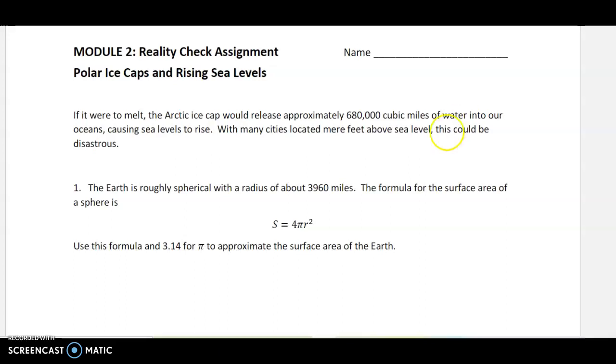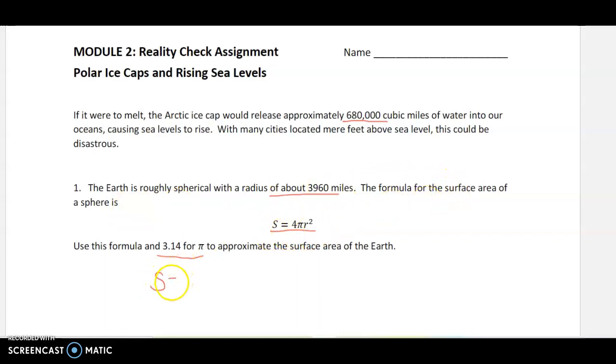If you watched the first video, you hopefully have these underlined, these special 680,000 cubic miles of water. We have the radius here, we have our surface area formula. We know 3.14 is for pi. So for this first one, to find the surface area of the Earth, we're just going to use this formula.